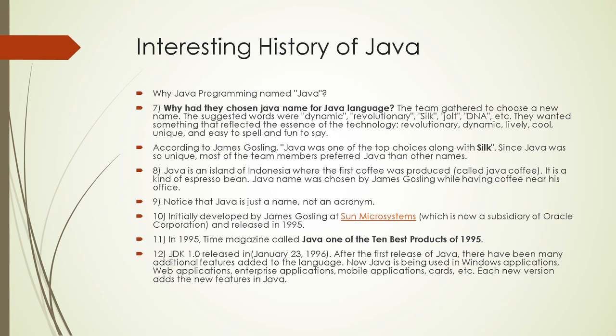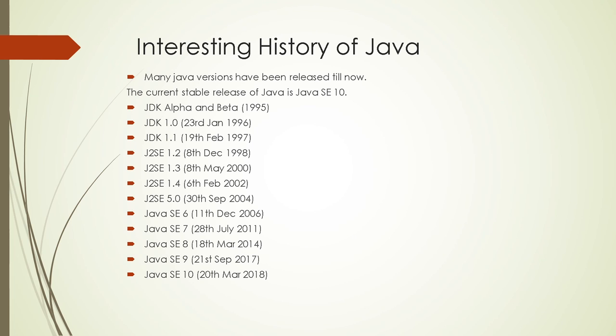Initially, the language was developed by James Gosling at Sun Microsystems. Sun Microsystems was the company, and nowadays it is a subsidiary of Oracle Corporation, and it was first released in 1995. Then the first version came, JDK, Java Development Kit. The first version was released on January 23, 1996. It's the first official version. Later on so many versions came like JDK Alpha, Beta 1.0, 1.1, 1.2, 1.3.